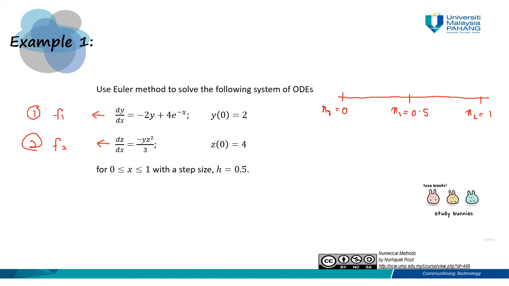When x is equal to 0, y is equal to 2, so y0 is equal to 2, and we are going to find the values of y1 and y2. The second condition, when x is 0, z is equal to 4, so z0 is equal to 4, and we need to find the values of z1 and z2.